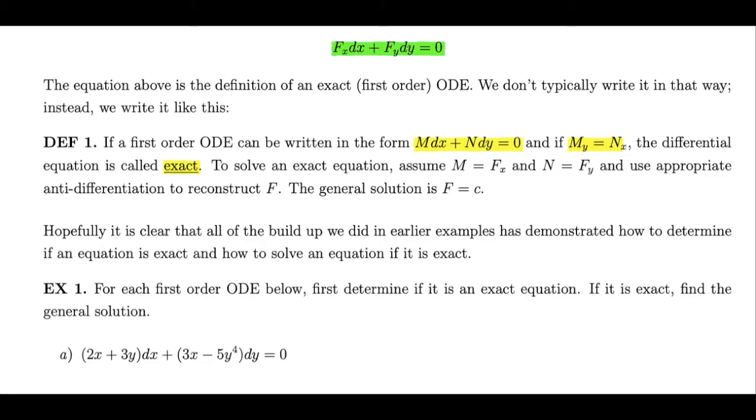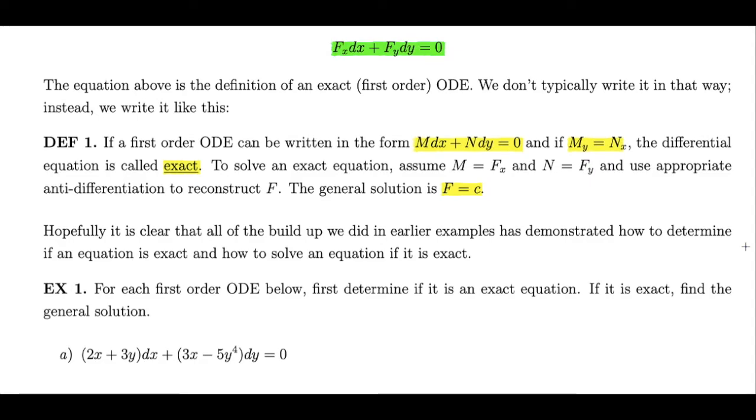And to find the solution of that exact differential equation, we assume that the M expression is the partial of F with respect to x. We assume the N expression is the partial of F with respect to y, and then we just use the appropriate antidifferentiation processes to reconstruct the antiderivative function capital F. Once we've found F, our general solution will simply be that antiderivative function capital F set equal to an unknown constant C. So we're finally ready to try to solve some differential equations.